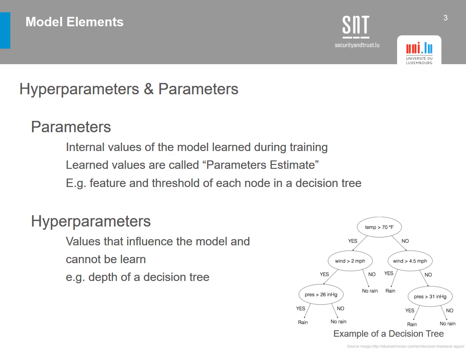Hyperparameters are the configurable values that we can tune. We cannot say that for every data, the depth of the decision tree will be 8. For some cases, 8 will be good. For some, we want a decision tree with a maximum depth of 4.